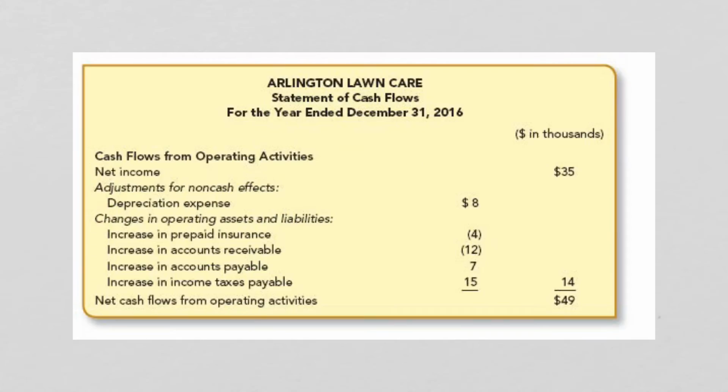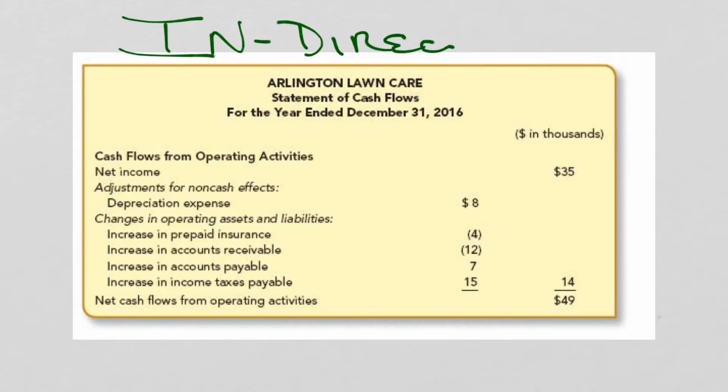Now, if you didn't guess, now you know that this is going to be the indirect method. This is what we did in class. It's what's preferred. When I say preferred, I mean more people use it this way, and I'm not sure whether the AICPA or the accounting profession has a preference. Please, someone do the research for some extra credit and let me know by email.